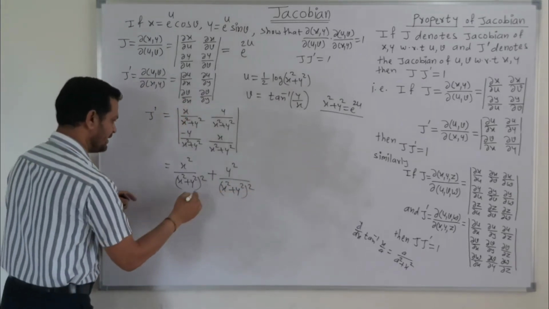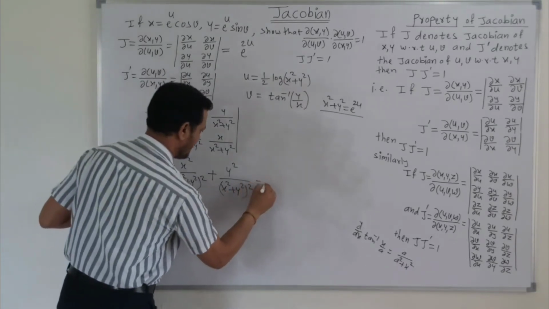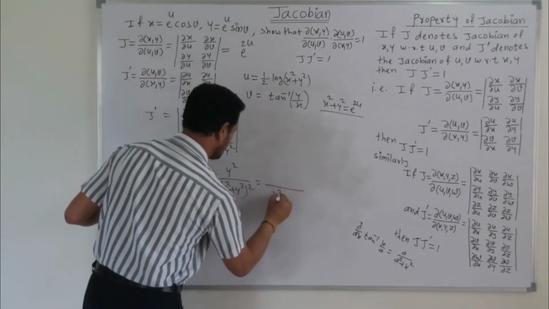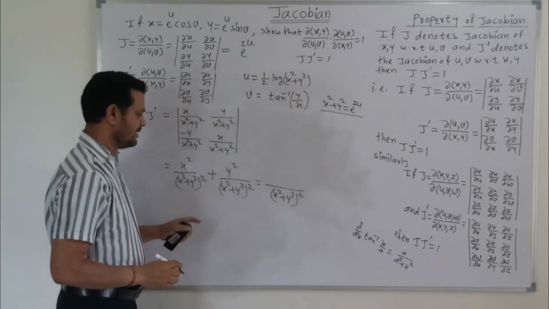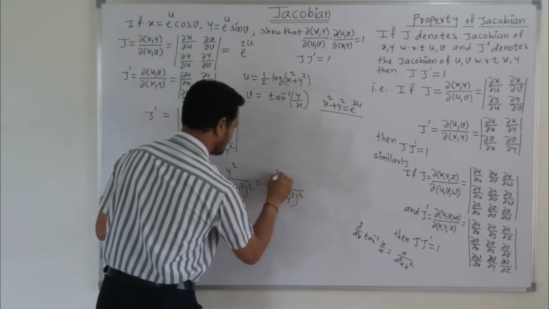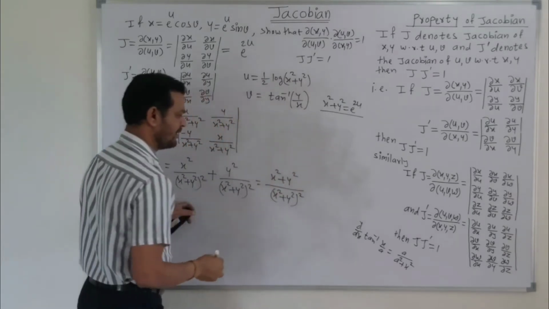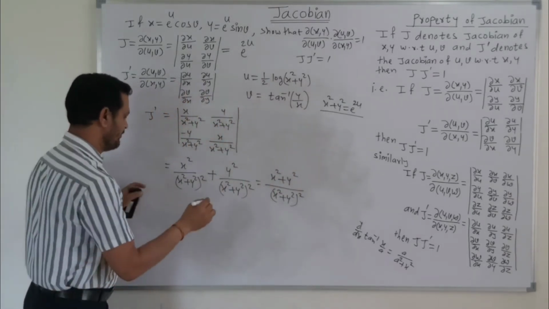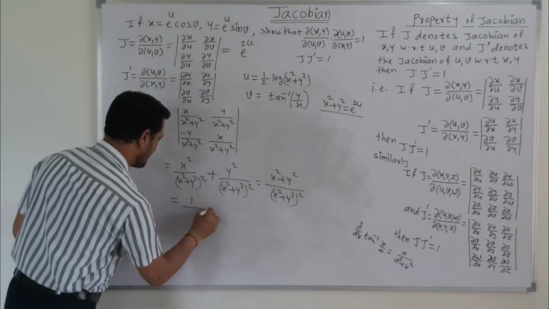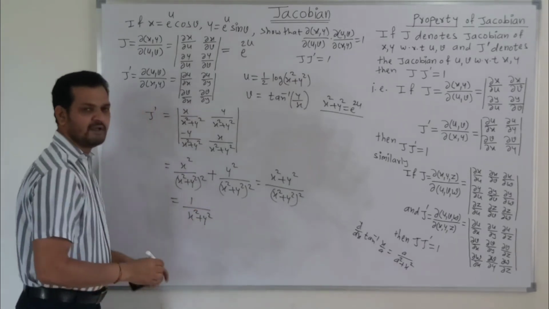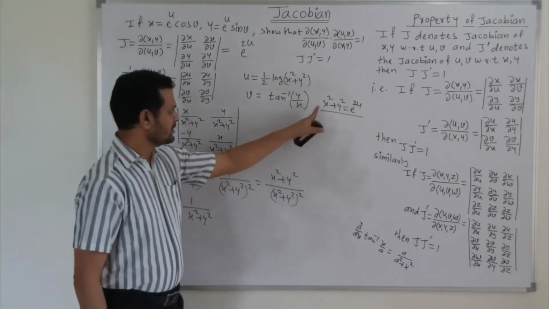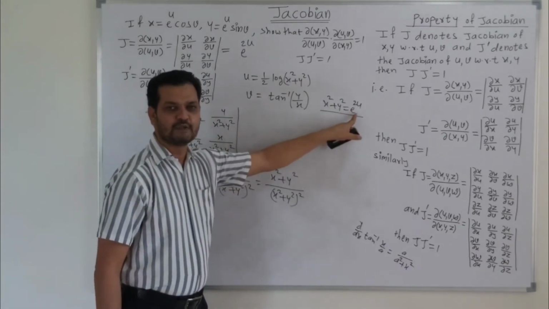Here the denominator is common, so we write the denominator as x square plus y square, its square, and the numerator is x square plus y square. One x square plus y square term gets cancelled, and we get 1 upon x square plus y square.